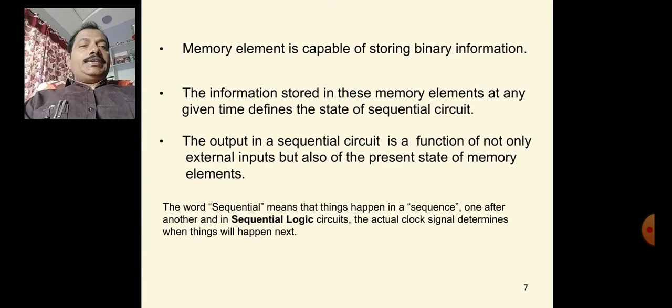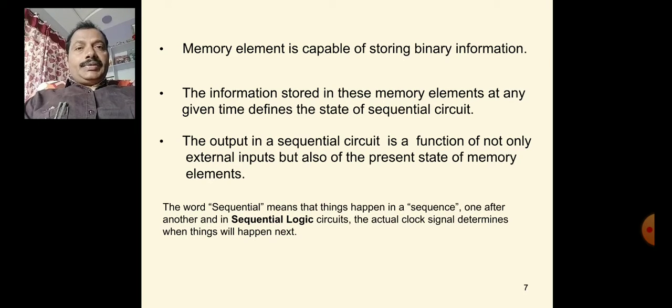So the memory element is capable of storing binary information. The information stored in these memory elements at any given time defines the state of the sequential circuit. The output in a sequential circuit is a function of not only external inputs but also of the present state of the memory elements.